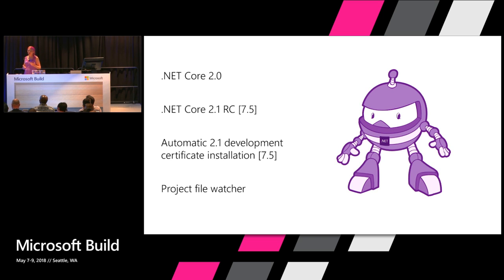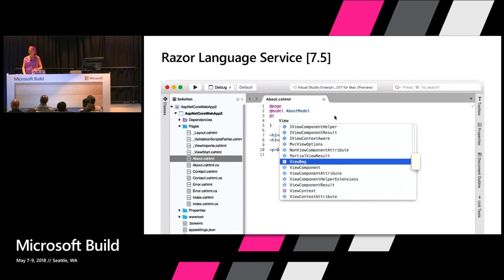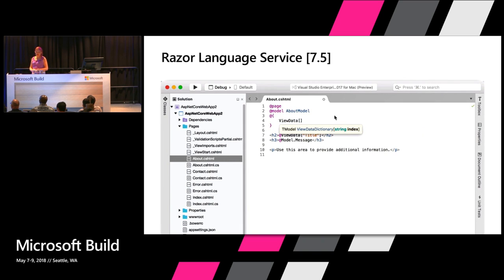We also did a lot of little quality of life improvements. So for example, we added file watcher support. So if you add a file to your project that would be included by the wildcards in the CS proj, those now automatically show up. Now, one of the big features that we are announcing today is our Razor language service.